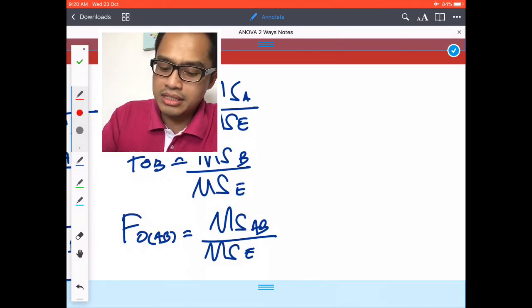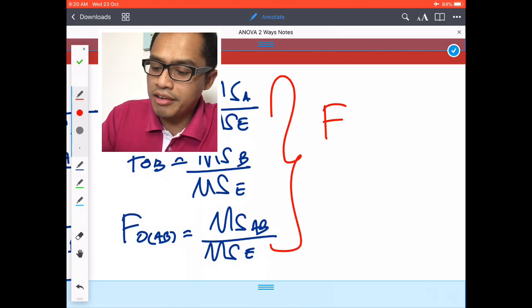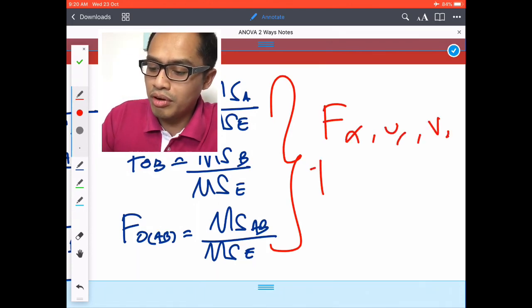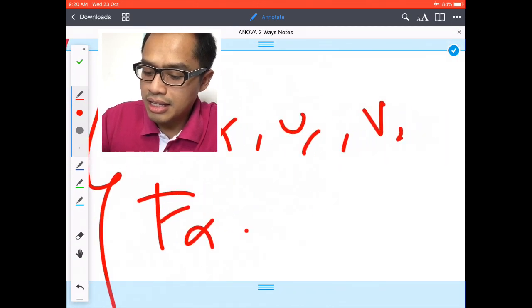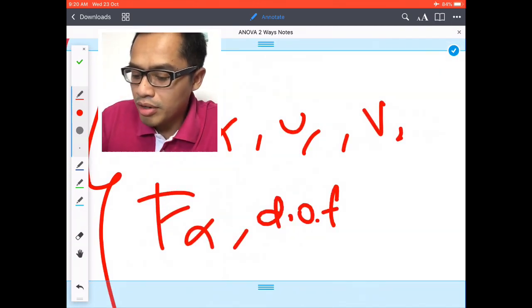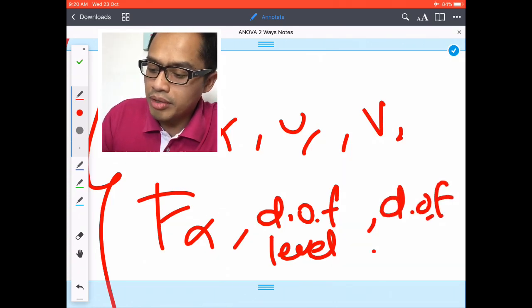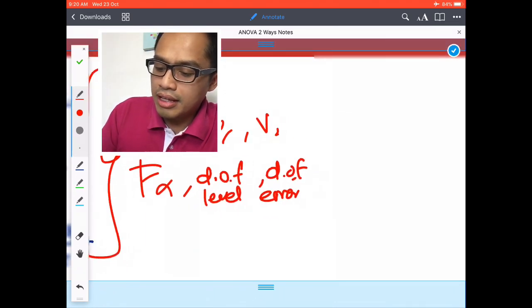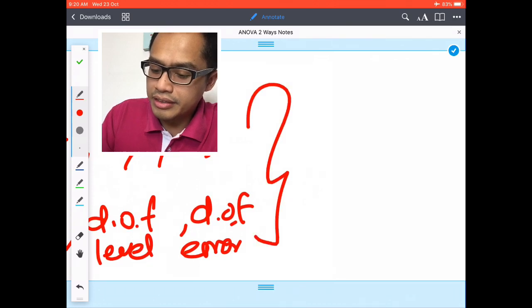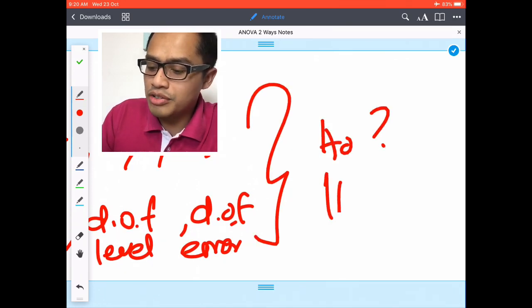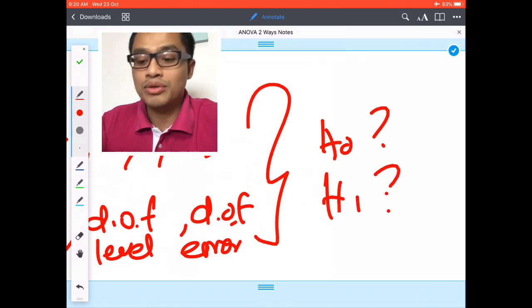And all these refer to the F alpha, v1, v2, or F alpha, degrees of freedom of level, degrees of freedom of error. And either you find H1 or H0 accepted.